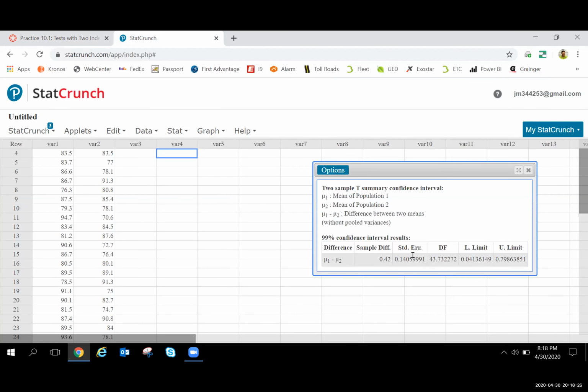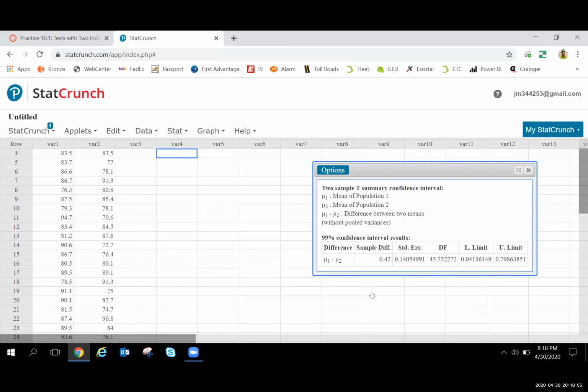So what we have to do here is find the middle point. The sample difference is 0.42. That's what they're saying. Yeah. Okay, so that's the middle, right? Mm-hmm.